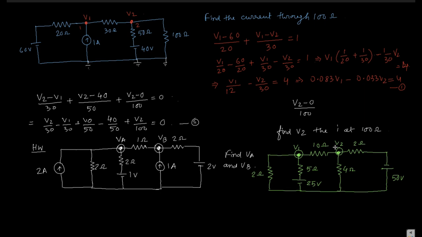Find the currents I1, I2 and I3 in the network.